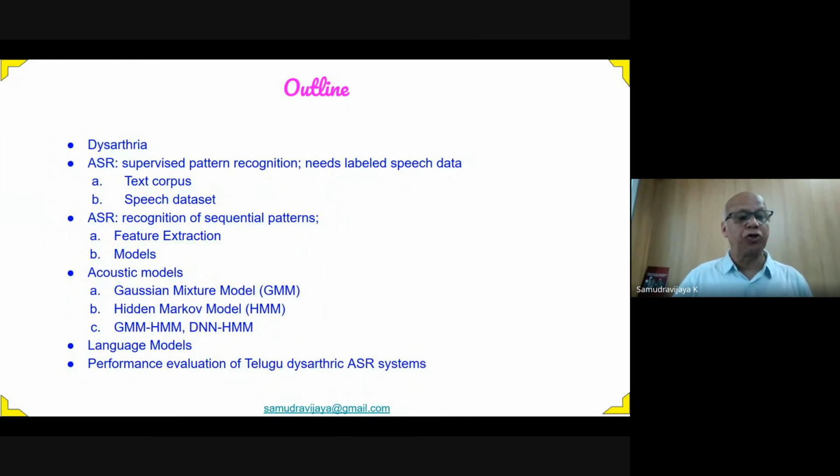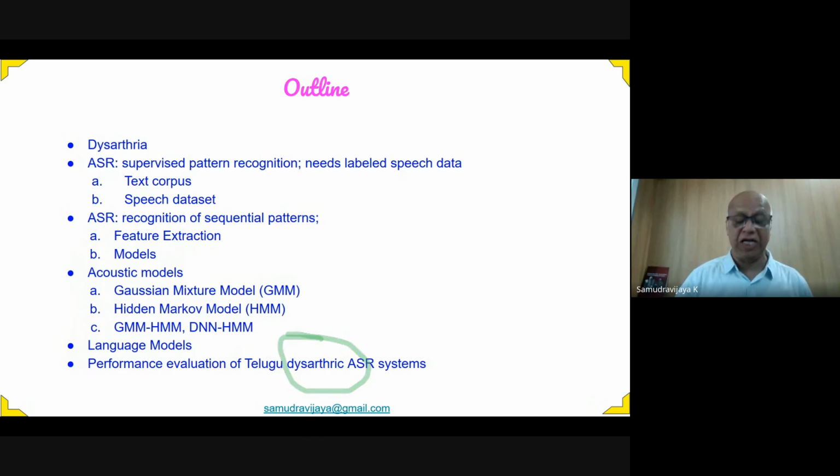And briefly, we'll also talk about the language model. Then in the last 15 minutes, we will talk about the implementation of a Telugu ASR system that recognizes speech from people who have dysarthria.